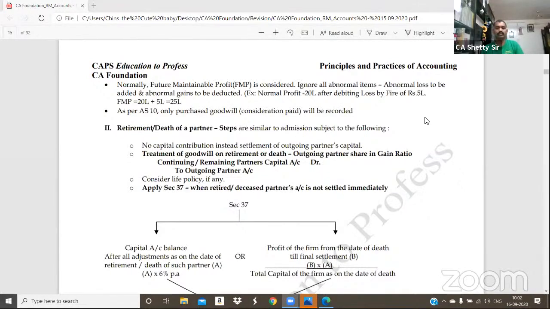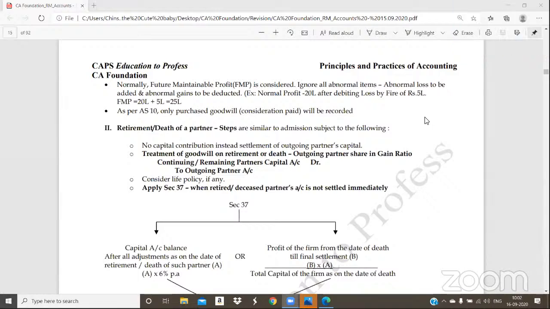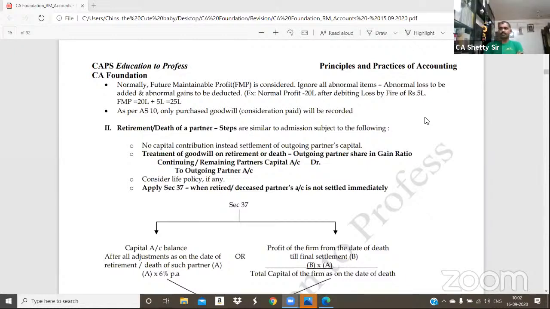Below that, one note for reading. The methods of goodwill are alternative approaches.